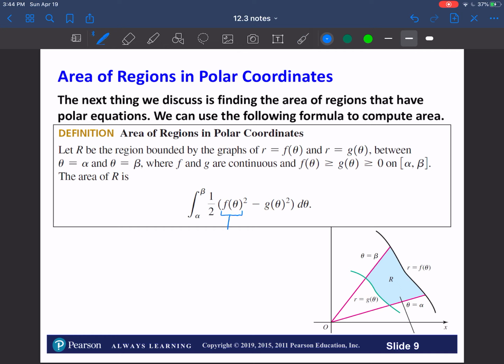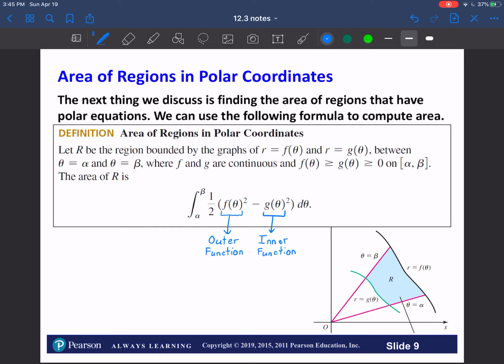So yeah, let's make a mention here. f of theta is the outer function, and g of theta is the inner function. And it might seem a little bit weird to call these functions outer and inner.